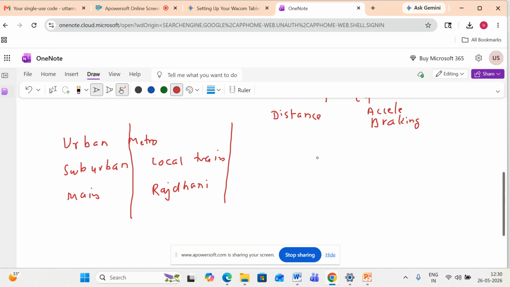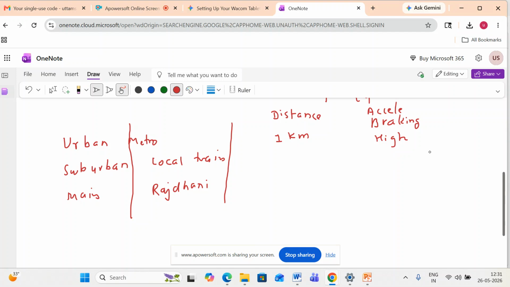Now in the urban, the distance is up to 1 kilometer. The distance is very, very short. Because the distance is small and it has to be covered in a very short time, the acceleration and braking are very, very high.